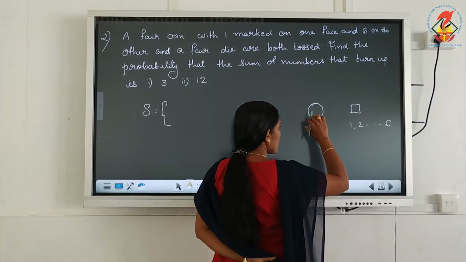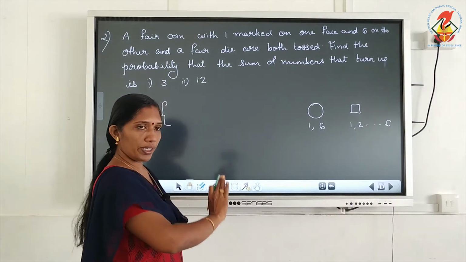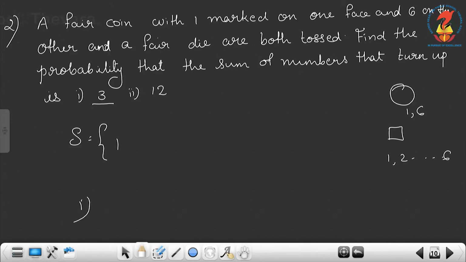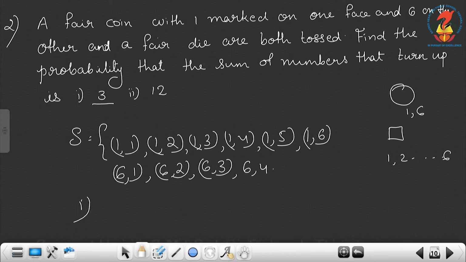I can get 1 on the coin, 1 on the die; 1 on the coin, 2 on the die; then 1 3, 1 4, 1 5 and 1 6. The other side of the coin is 6, not 2, it is 6. So 6 on the coin, 1 on the die, 6 2, 6 3, 6 4, 6 5, 6 6.